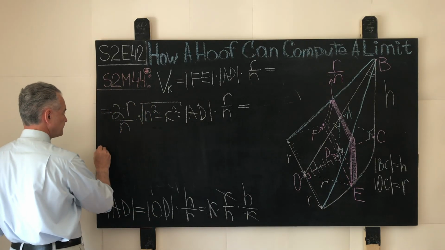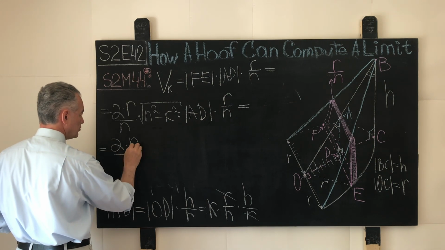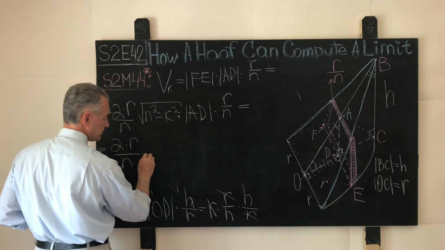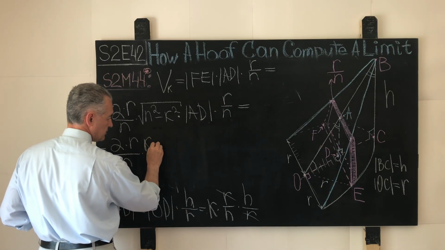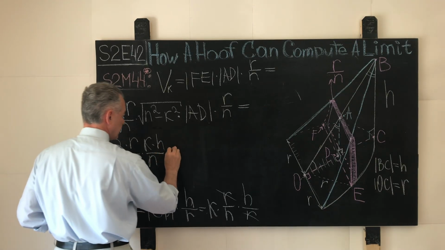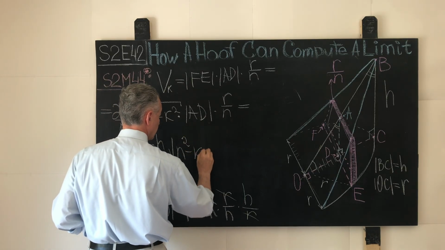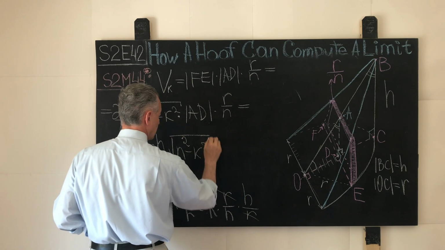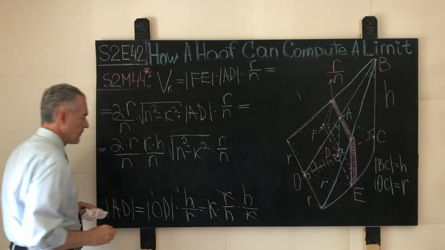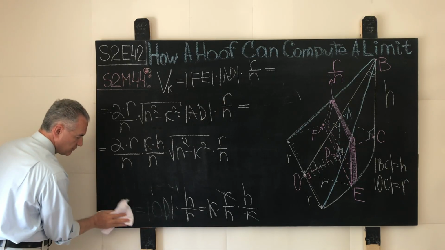What do we have? 2 times R over N, here we have times K times H over N, times the square root of N squared minus K squared, times R over N.